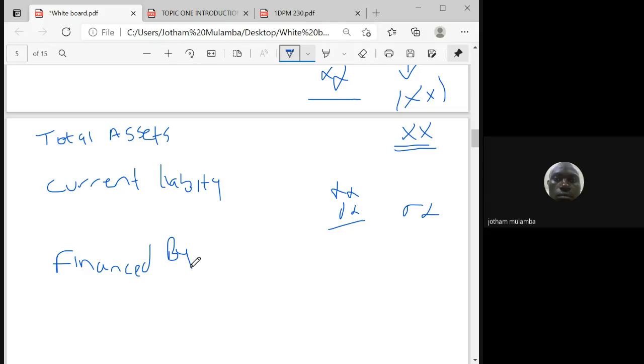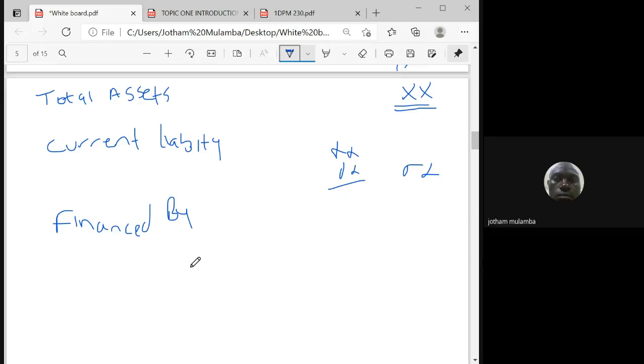So under financed by, we look at capital plus long-term liabilities. So which are the long-term liabilities? As I had mentioned, bank loan. So if a business has a bank loan, we have debenture, we have share capital, ordinary share capital, preference share capital.